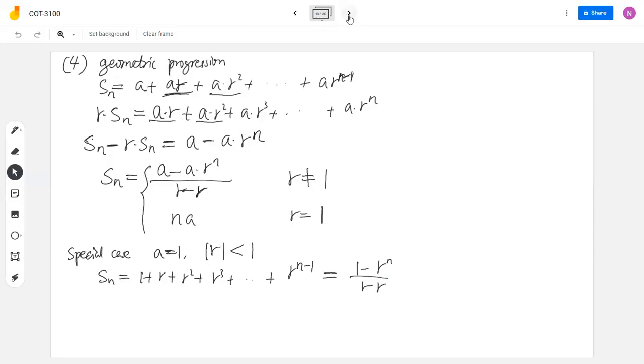This is a very useful formula. For example, if n equals 2, you get 1 minus r squared divided by 1 minus r, which is 1 plus r, which can be easily verified.